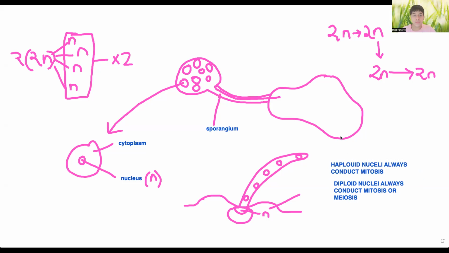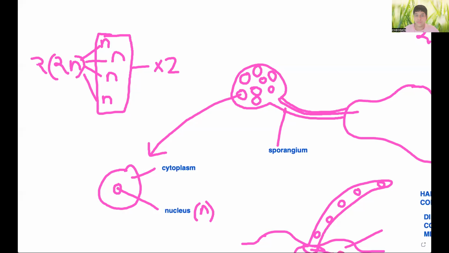So this is a rule of thumb: haploid ones will always conduct mitosis, and diploid ones can conduct meiosis. So this is how the whole asexual reproduction in Phycomycetes works.